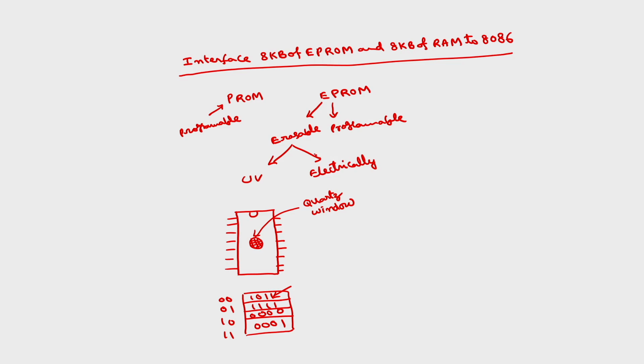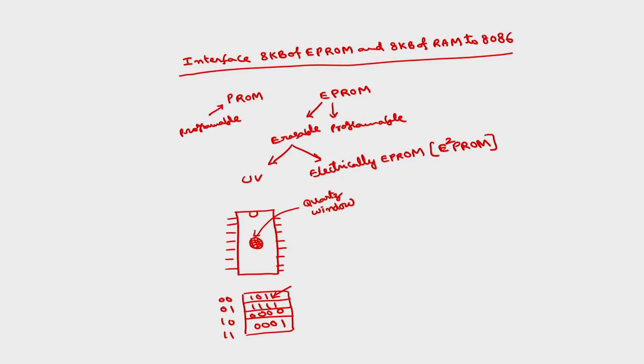So, to avoid that, there is another technique called electrically erasable programmable read only memory, or EEPROM. This can also be called E square PROM. One E stands for electrically, the second E stands for erasable programmable read only memory.